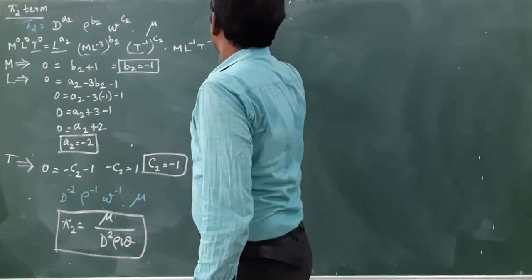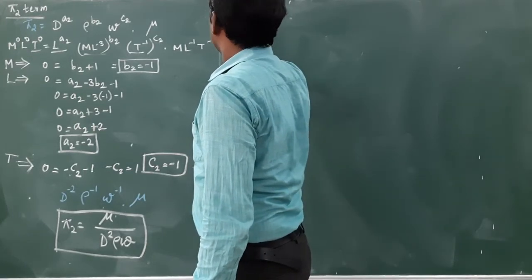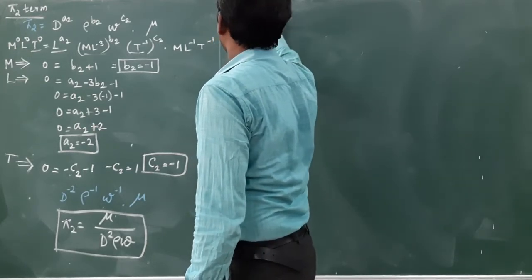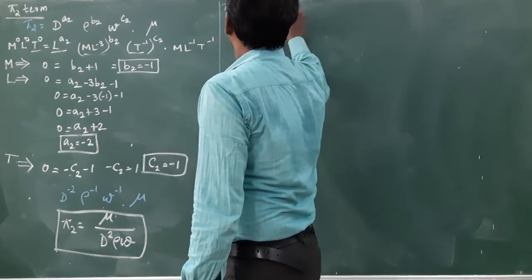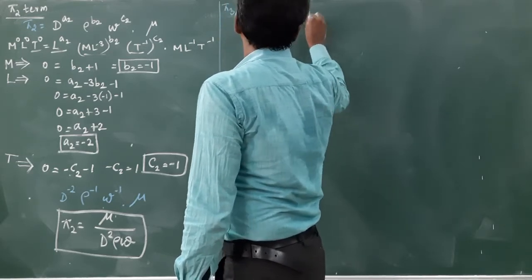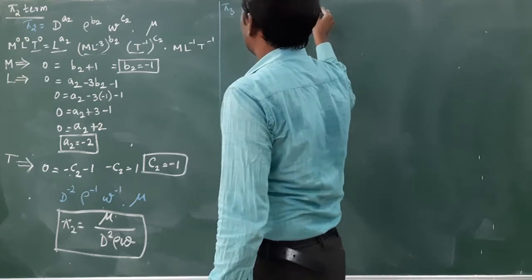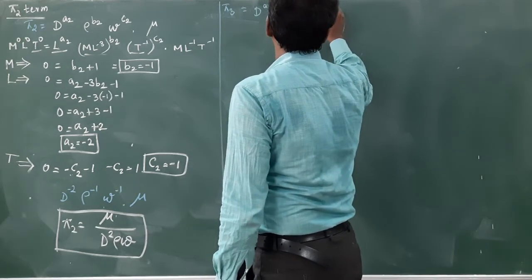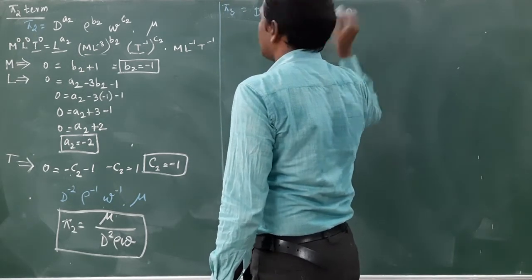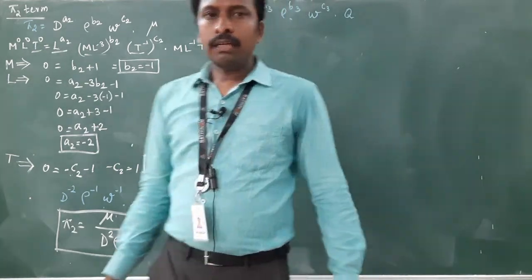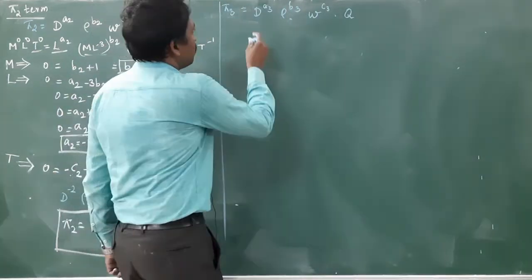Okay. Pi 3 term is pi 3 equal to d power a3, rho power b3 and omega power C3 into Q. Apply the dimensional formula.